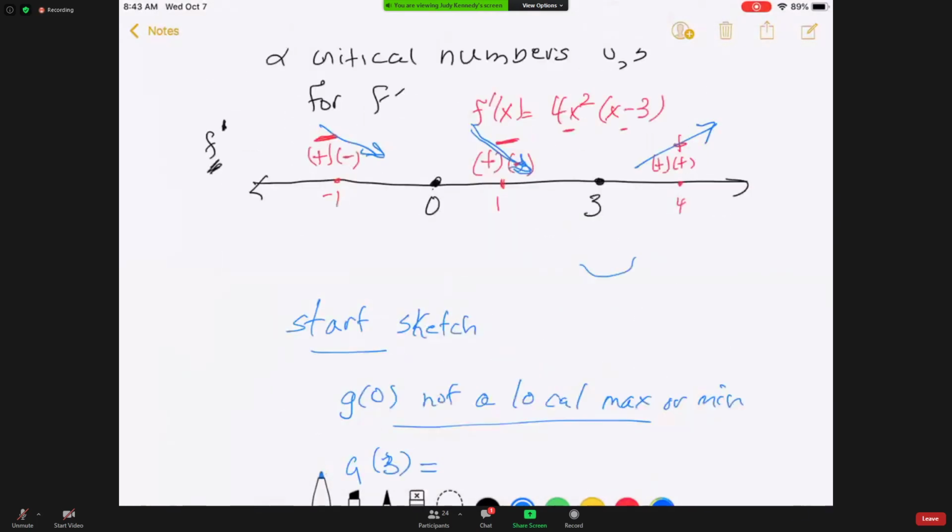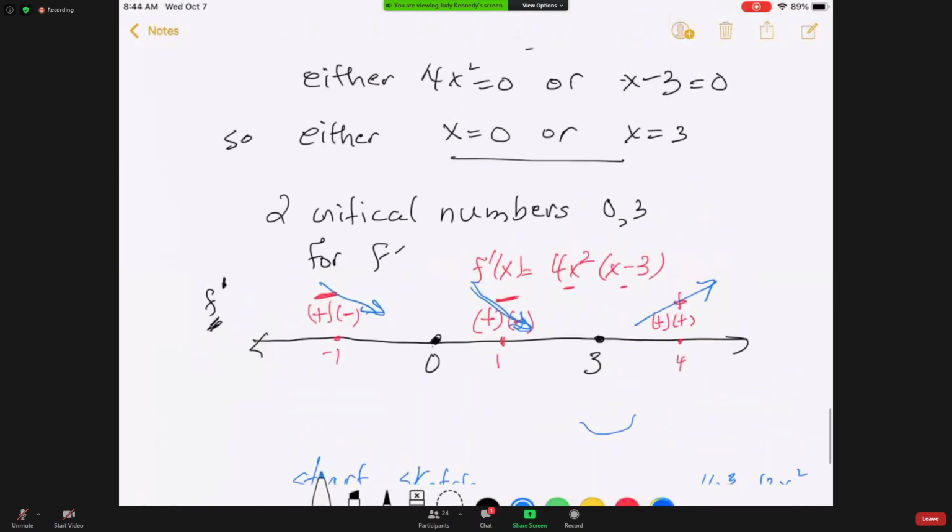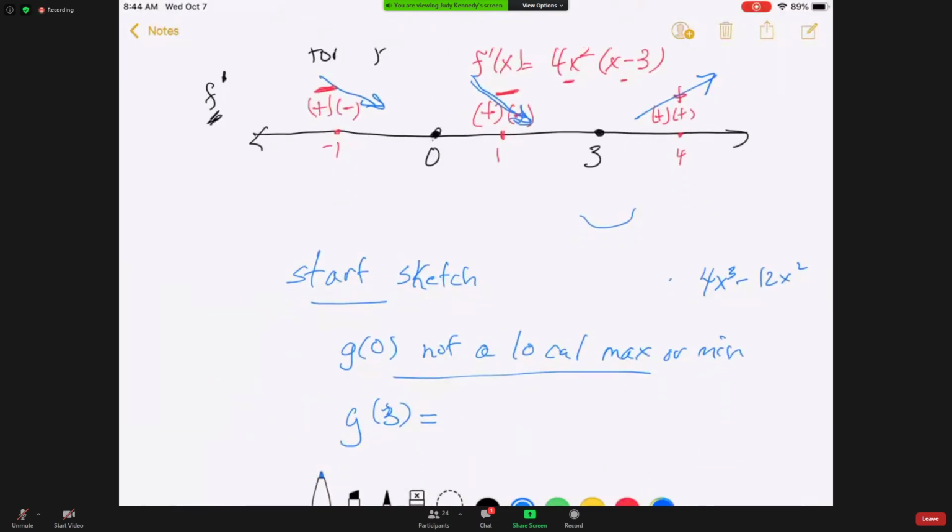Let's go right down 4x cubed. And all of a sudden, I'm calling that G. We named it F. F of 0. F of 3. Okay. F of 3 would be 4 times 27 minus 12 times 9.